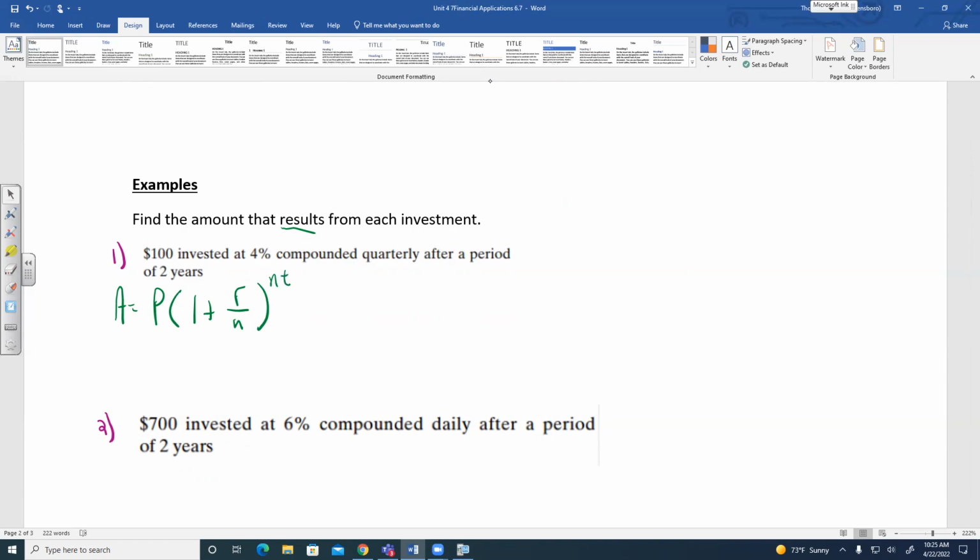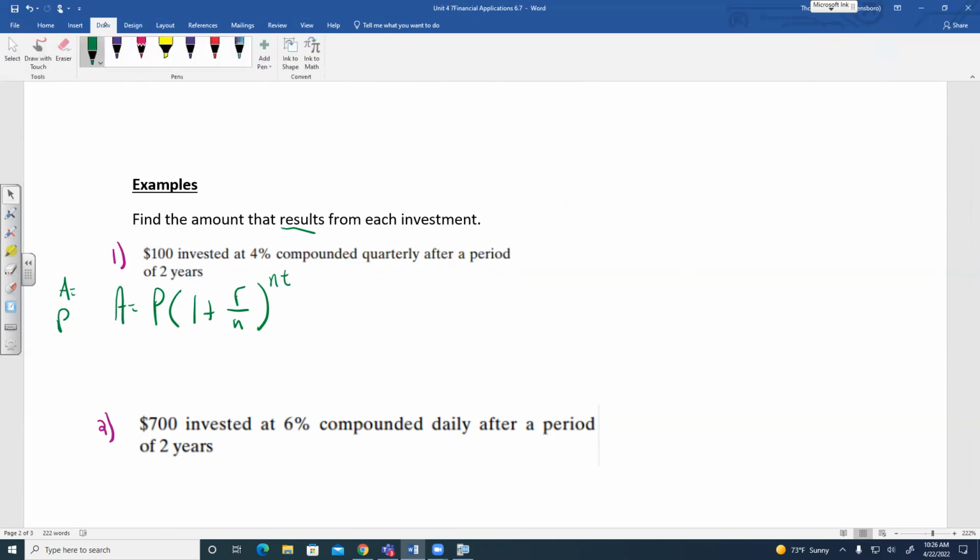To use this formula, we have to identify what we have. We have A, which we don't know. Let me put this over here somewhere out of the way. The principal is the initial amount, which is 100.